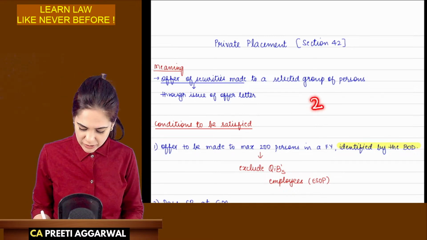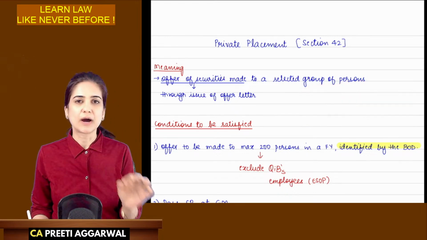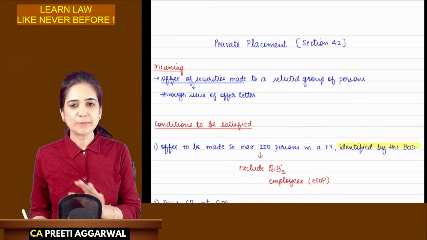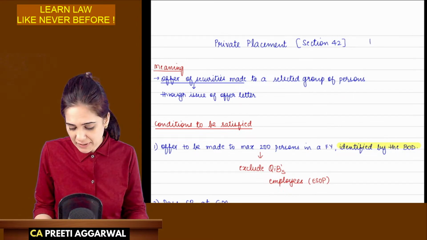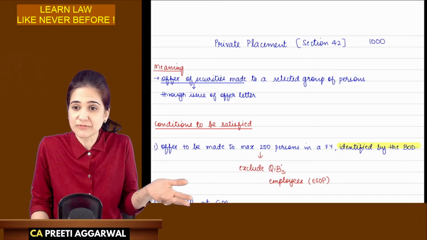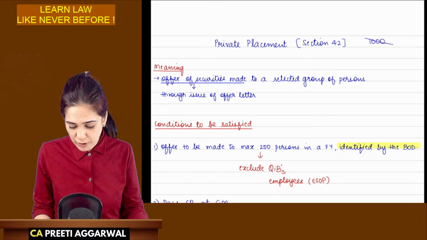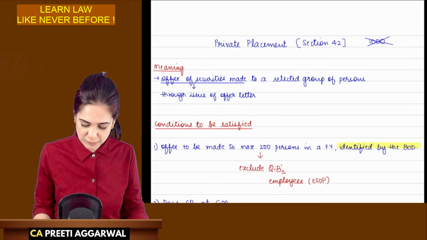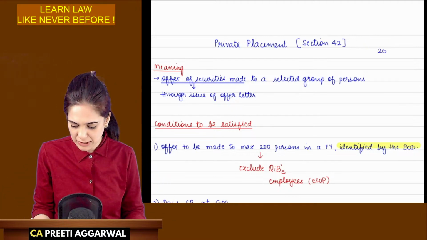In a year, you can make an offer to a maximum of 200 persons. It cannot be made to more than 200 persons. Ma'am, is it possible that I make the offer to 1000 because we don't know how many will accept this offer? No, you cannot make an offer to 1000 people. The offer can be made only to 200.